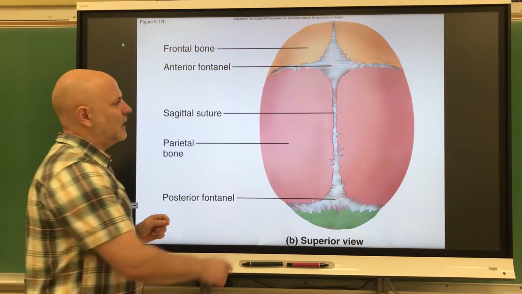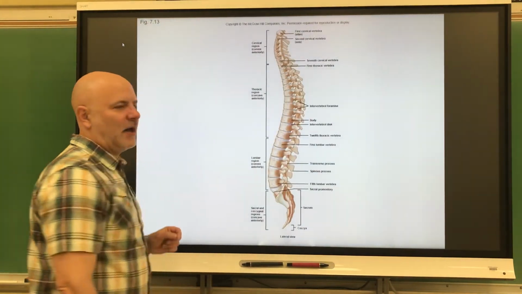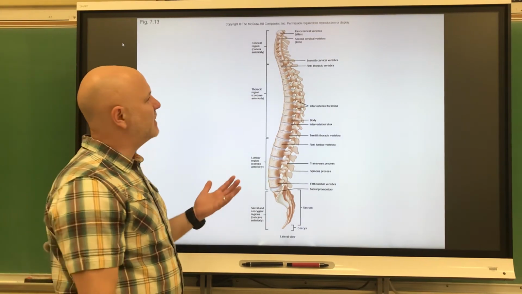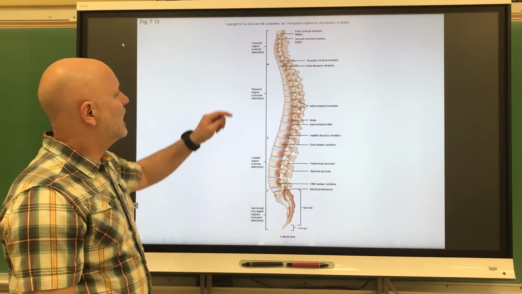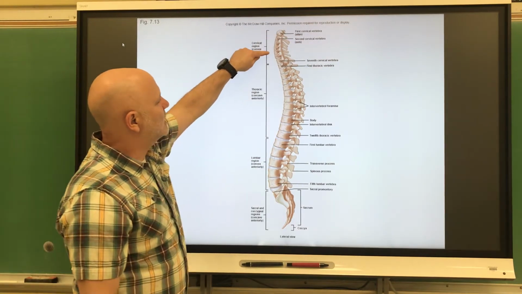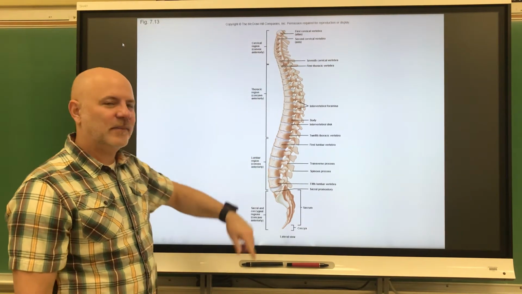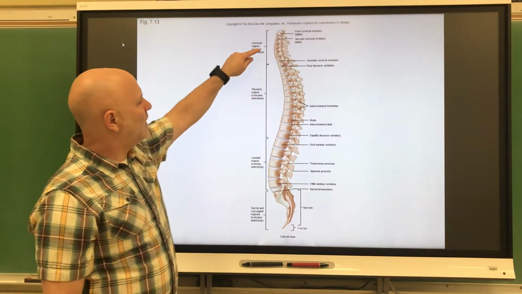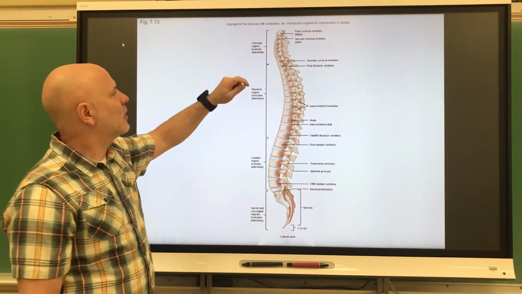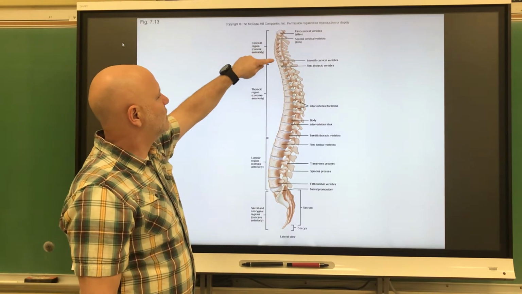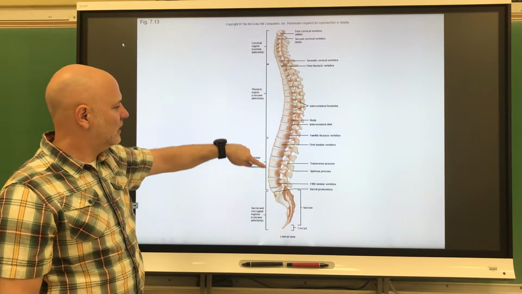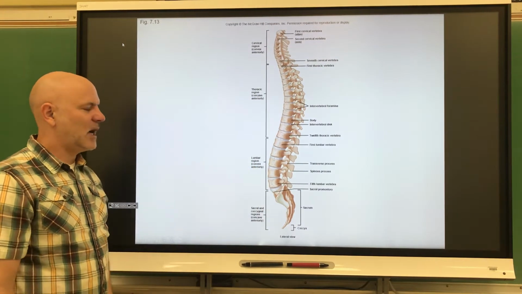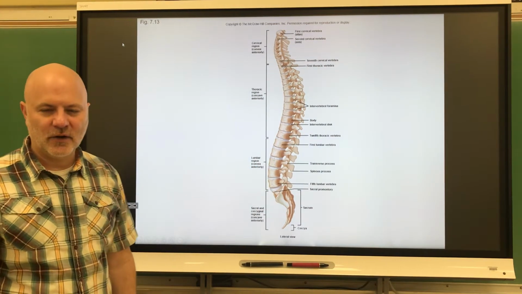All right, let's take a look at our vertebral column. Our vertebral column is made of 33 vertebrae, and it has an odd shape. To allow us to be upright, we have literally 4 curves in our vertebrae: a cervical curvature, thoracic curvature, lumbar curvature, and then you can see the sacral and coccyx regions, which is another curvature as well.